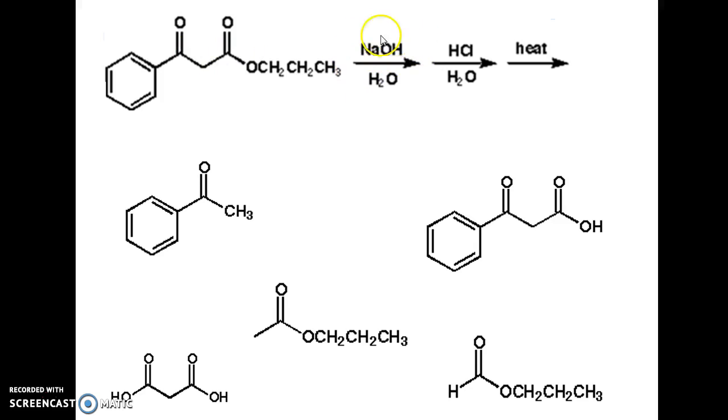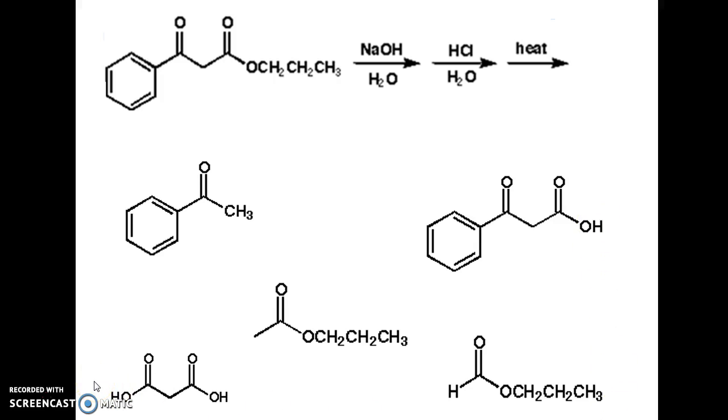We have sodium hydroxide. What would that do to an ester? That would hydrolyze it and make it into a carboxylic acid, actually the acid salt. This would then protonate the acid, and then if we heated this, we would have decarboxylation. So if I didn't have heat, the acid would be formed.